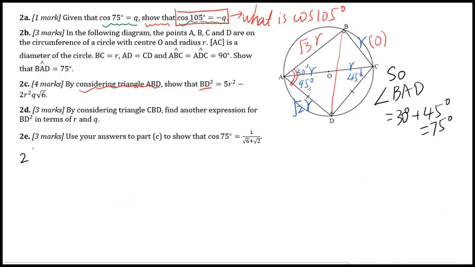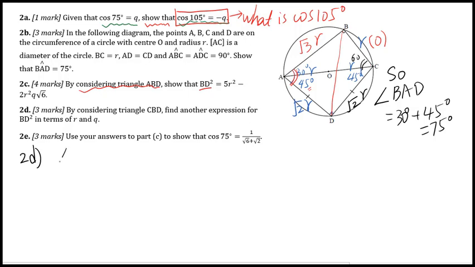Let's go to 2D. By considering triangle CBD, find another expression for BD squared in terms of R and q. So in right triangle BDC, DC will be equal to square root of 2R. BC is R. This angle is 60 degrees.